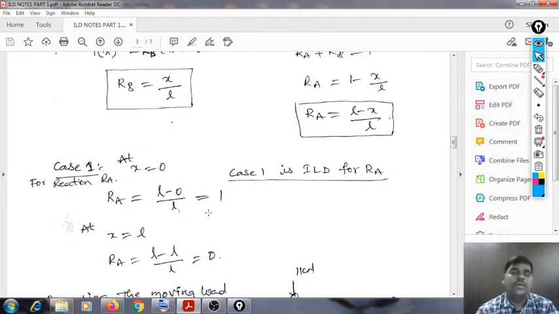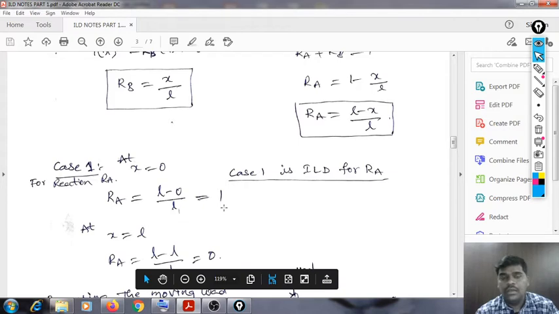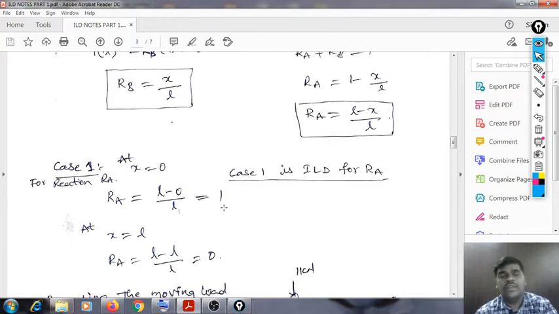X equal to 0 means the moving load is at A, so the reaction RA is equal to 1. That is a simple case. And at X equal to L, RA is 0.